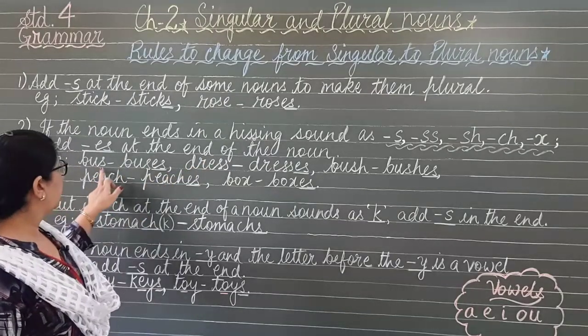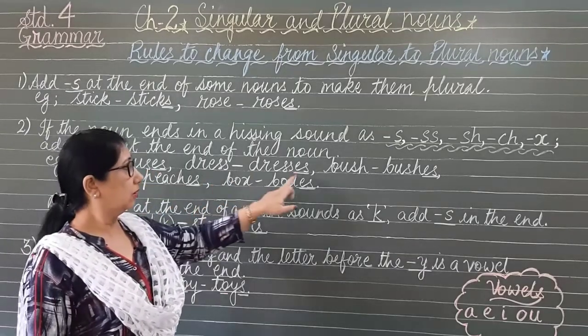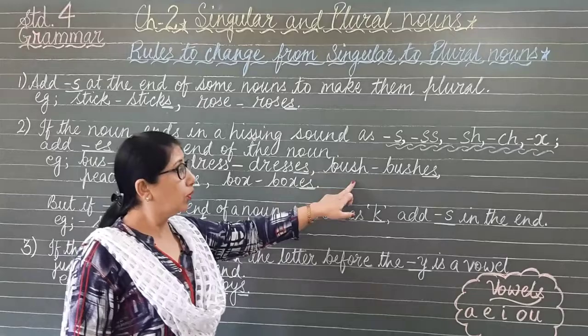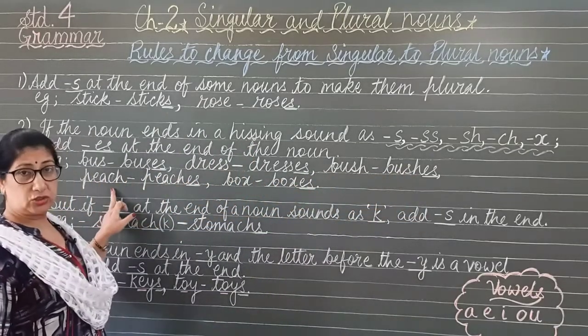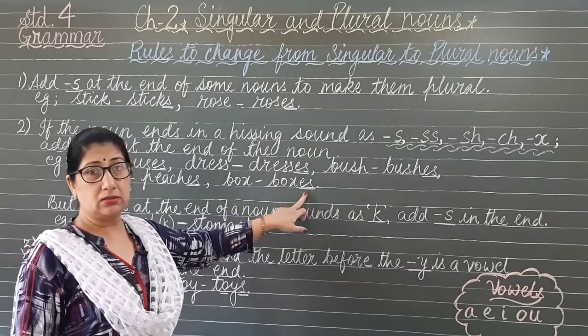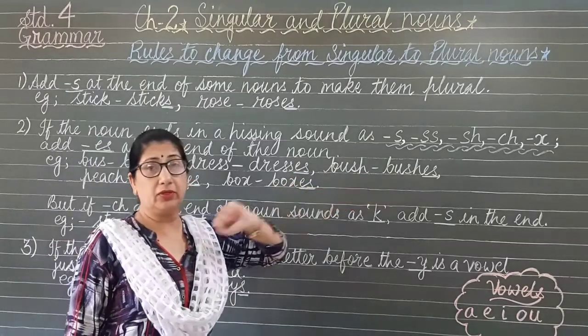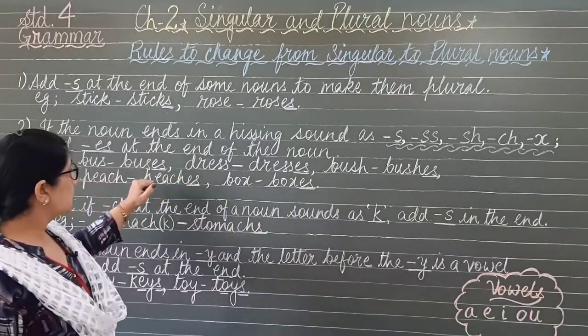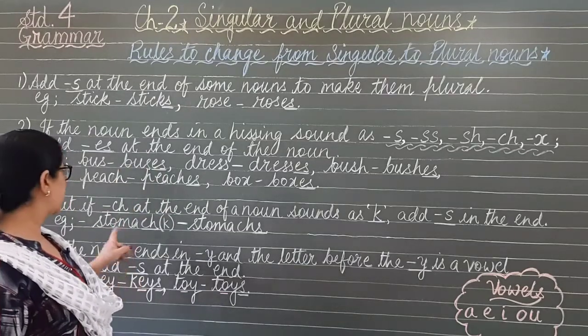Okay, for example, bus, buses, dress, dresses, bush, bushes, peach, peaches, box, boxes. You can see I have underlined es at the end of every word for making it plural from singular. But there is one exception.